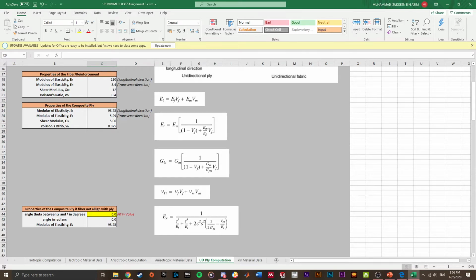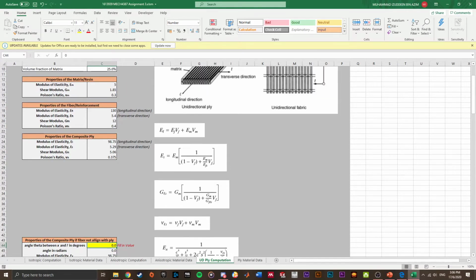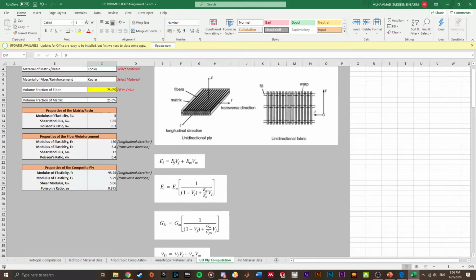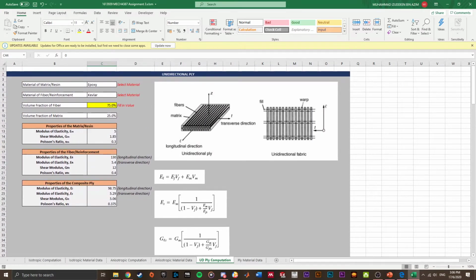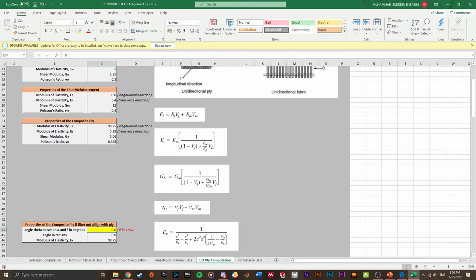Okay, let's say here, if the angle, okay, I will just keep this constant. I will put 75% volume fraction of fiber and 25% volume fraction of matrix.